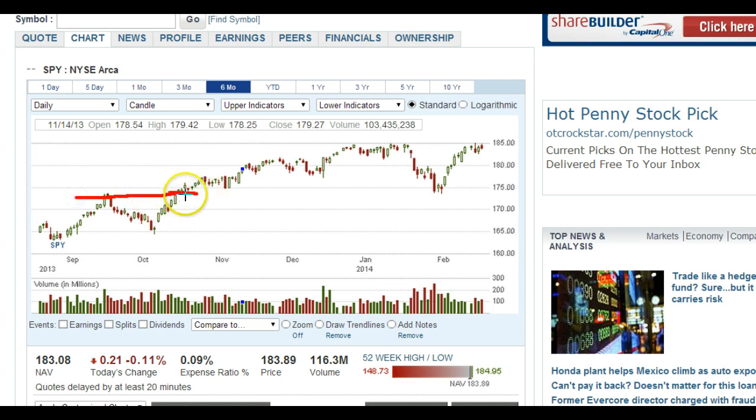It broke out right in the middle of October, and as we watch the pattern unfold here, our old ceiling now becomes, if I can draw my line the best I can, the new floor. And we see that 185 level is playing out really nicely right here. It keeps hitting that resistance level. The stock market, the S&P, does not want to push back, and so it keeps hitting this 185 resistance level and bouncing off. So the chart is playing out nicely moving into next week.